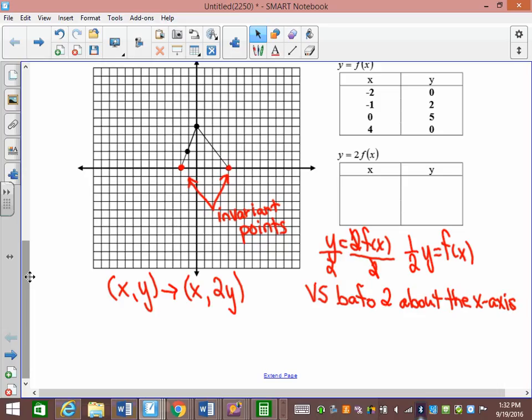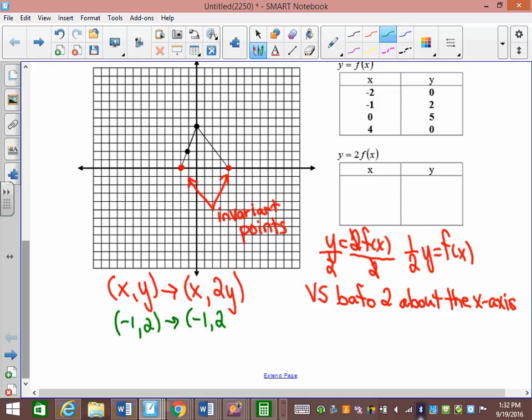Now, this coordinate here is at -1 and 2. So it becomes -1 and 2 times 2. So it's actually going to be at -1 and 4. This one is at 0 and 1, 2, 3, 4, 5.